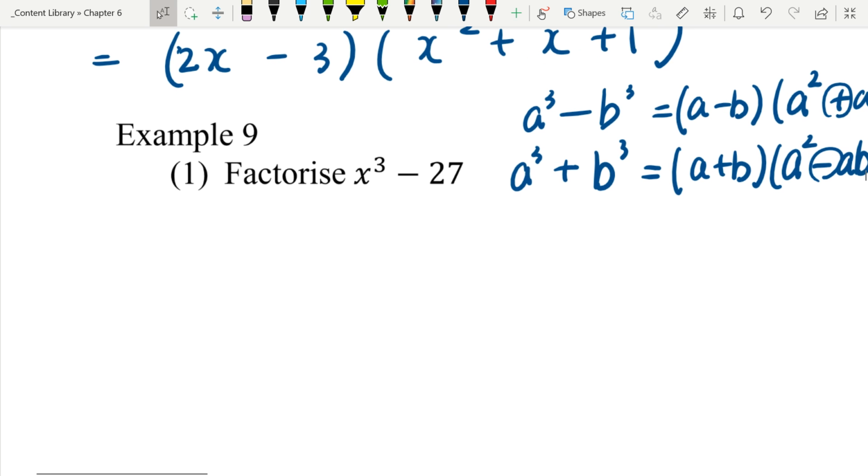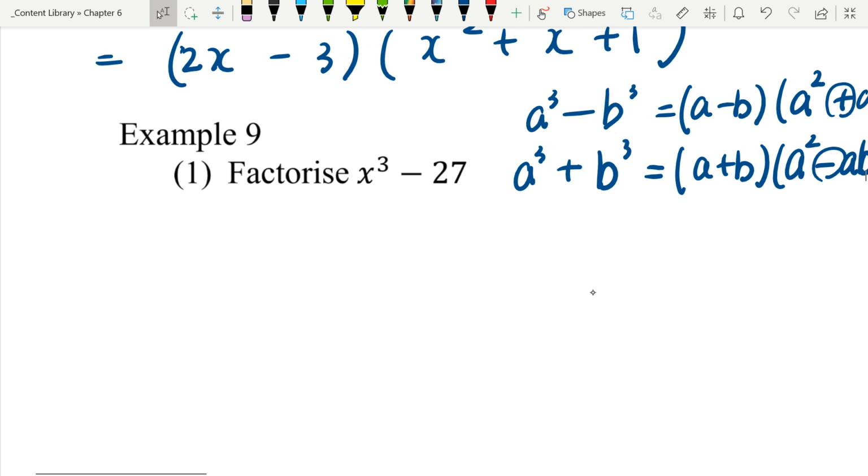So let's try to make this one work. So x cubed minus 3 cubed. So what can we say here? So what's that? How can we factorize that? Yeah, so x minus 3 times.